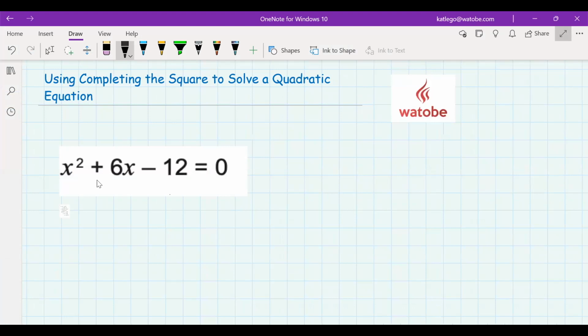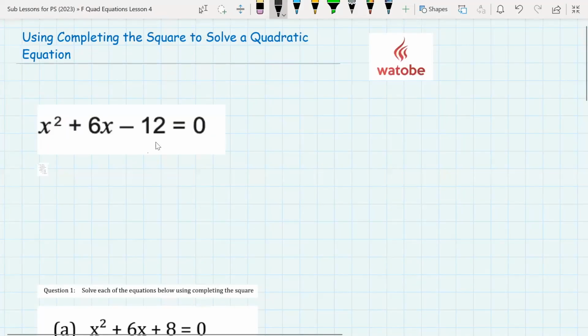There we go. Okay, so first thing I would do is this constant is not supposed to be part of my complete the square, and my stylus is acting up.